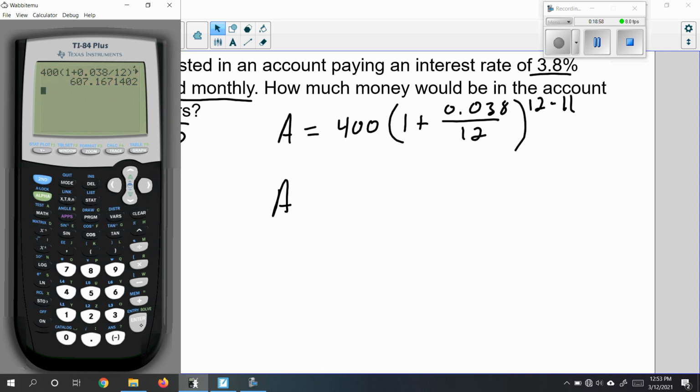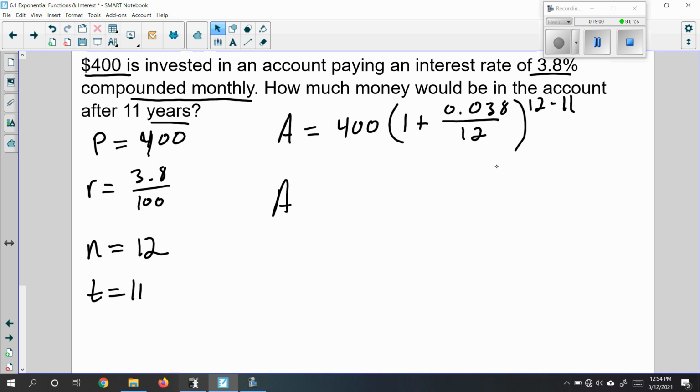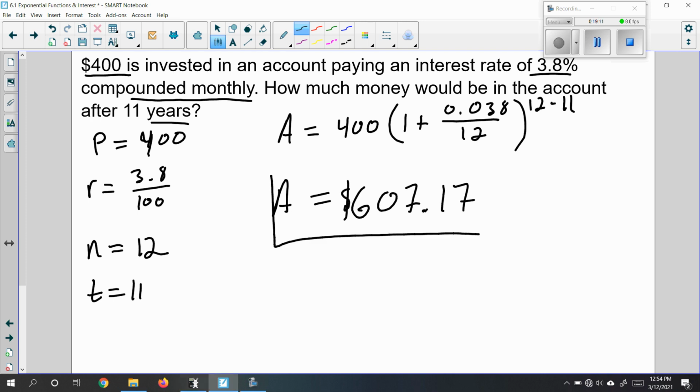We'll round that 16 to a 17. So the total amount of money is $607.17.